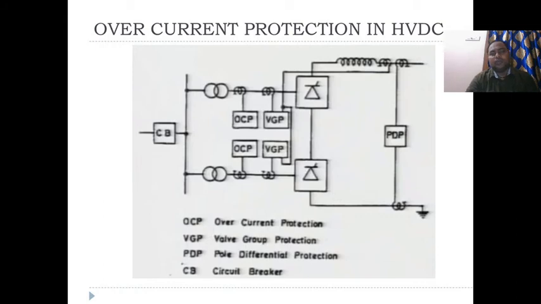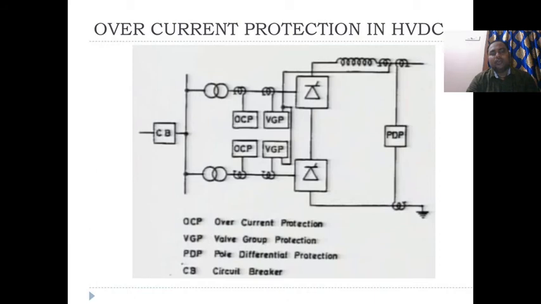In a circuit breaker, when any fault occurs, the circuit breaker trips and deactivates the total circuit. In a similar manner, the overcurrent protection also protects the circuit.